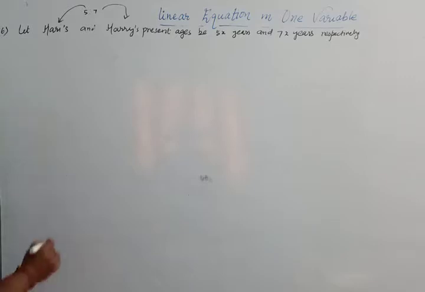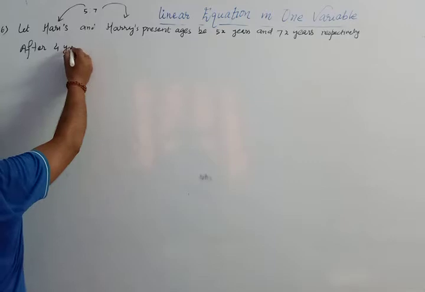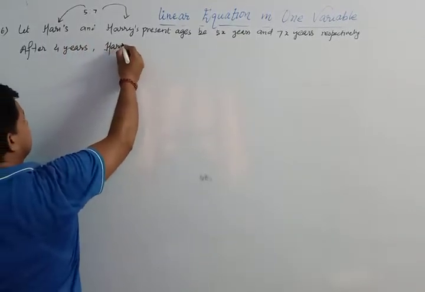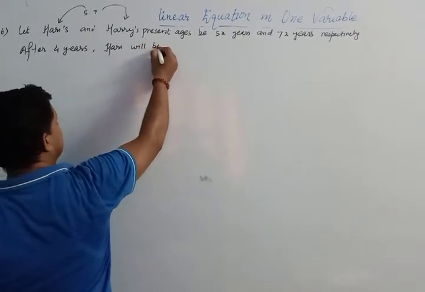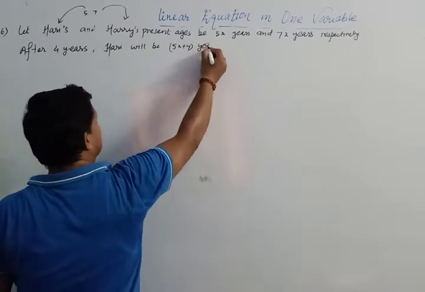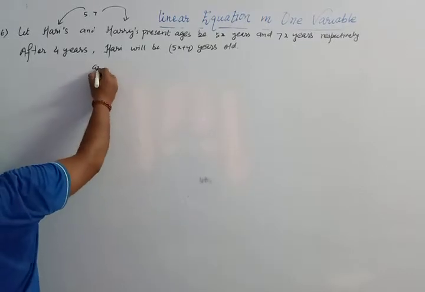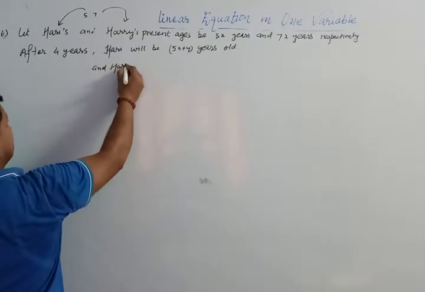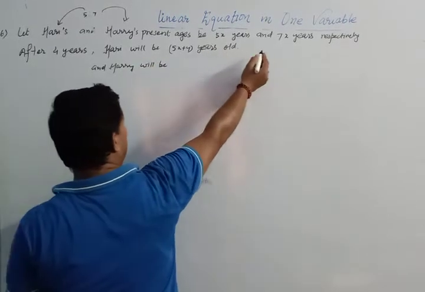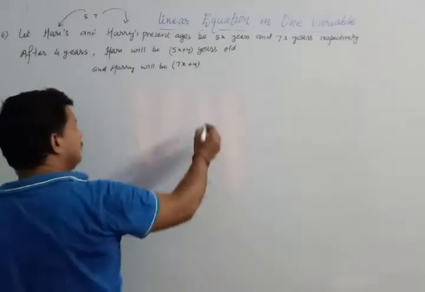After 4 years, Hari will be 5x plus 4 years old and Harry will be 7x plus 4, because after 4 years both will be increased by 4.